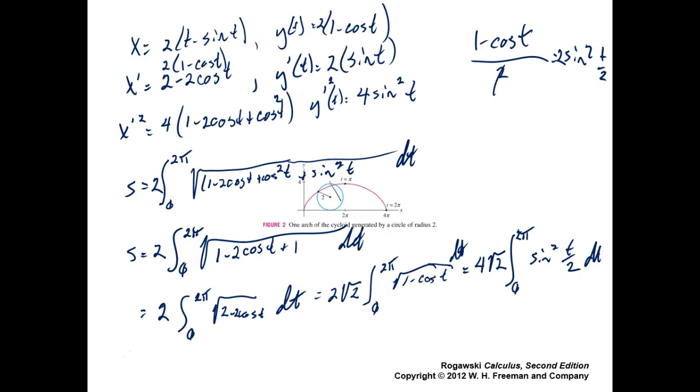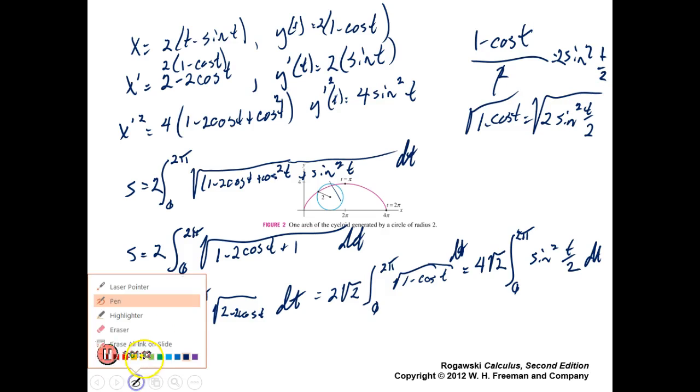No, not quite. Okay. 1 minus cosine t is equal to 2 sine squared t over 2. This was ugly writing, so I wanted to write it again. So that is what's under the square root. So the square root of this would be the square root of that. So I did take out too quickly. No, I think I'm okay.